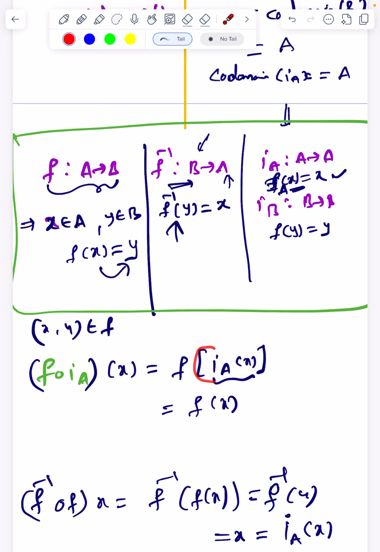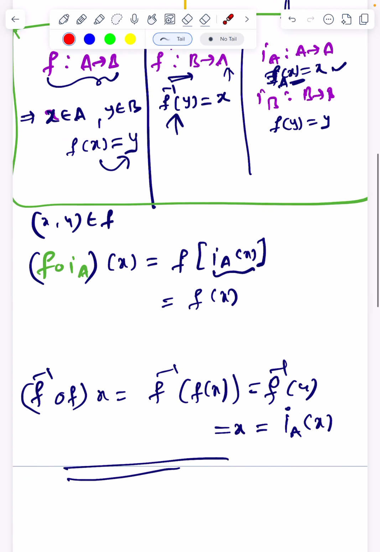In the bracket we write the identity function. According to the bijective property, it follows the onto function, so I_A of x we can write as x. We proved that f circle I_A of x is equal to the function of x. Then we can say f circle I_A is equal to the function f.